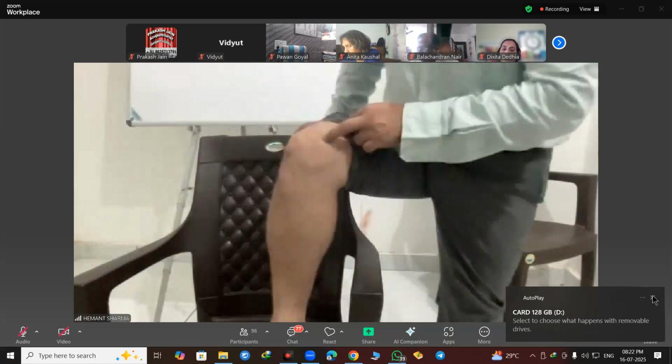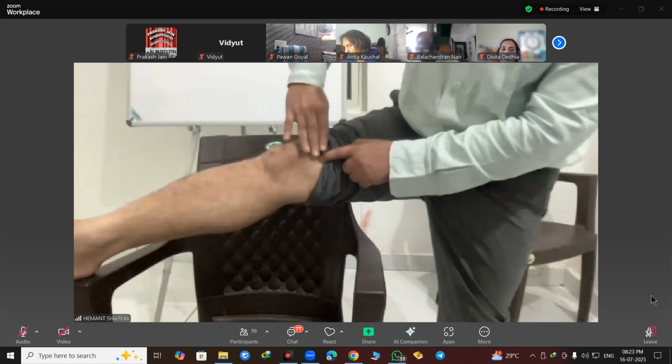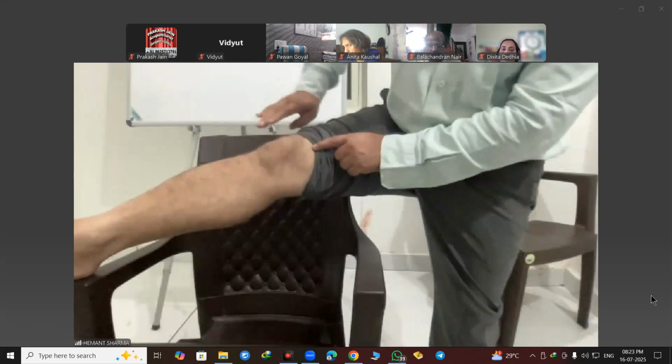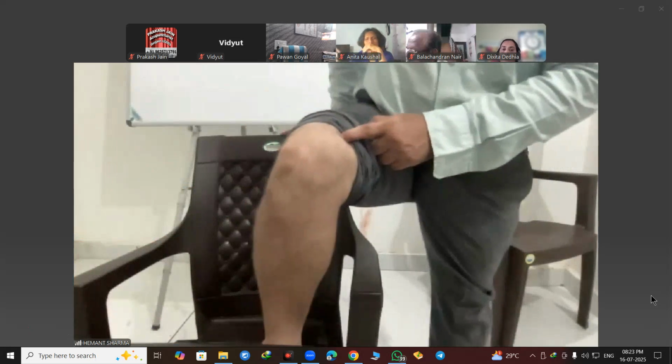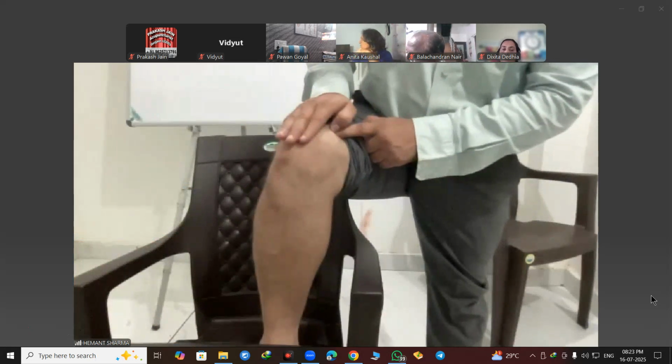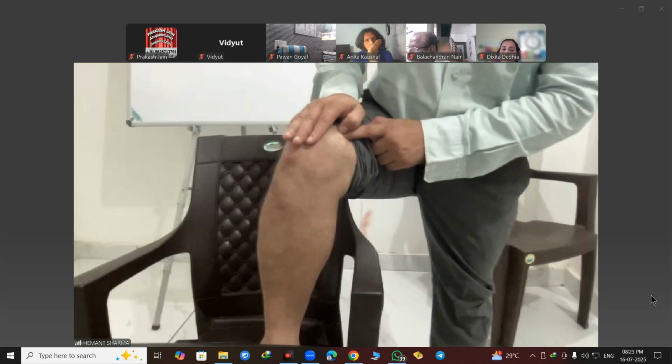From the upper corner of the knee, if I'm going 2 chun up, that is the location of spleen 10. In the right leg, it is called pancreas 10. In the left leg, it is called spleen 10.